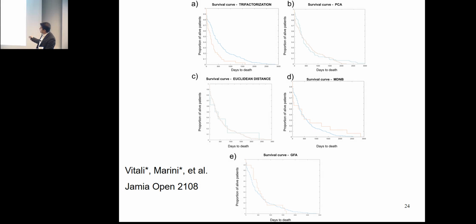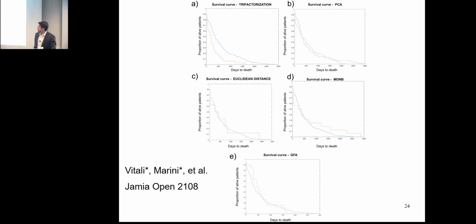2 clusters for each method, and the method that I'm proposing here is the only one where the survival curves of the 2 clusters are distinct. So without knowing it, just by grouping together similar patients, this algorithm found a cluster with a more favorable outcome and a cluster with a more negative outcome.